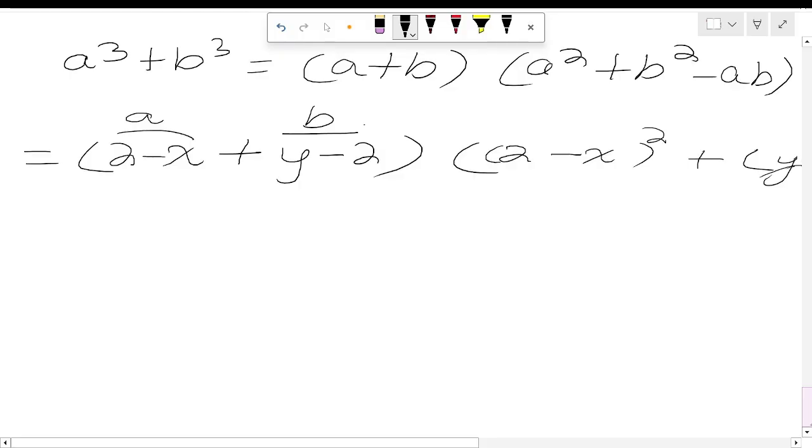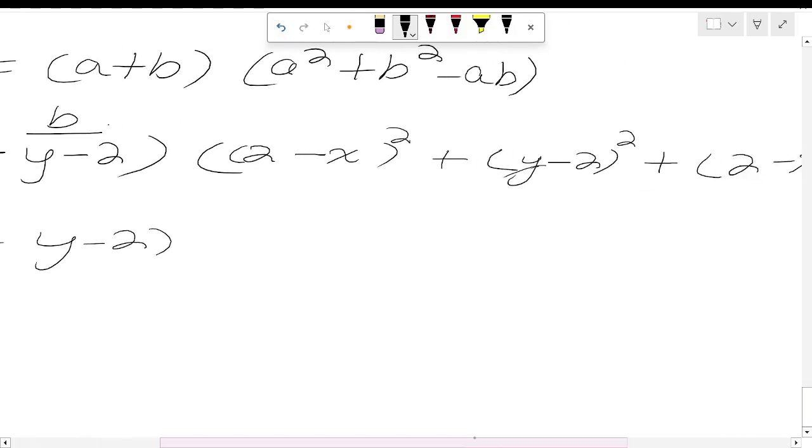This will stay as it is. So 2 minus x being added with y minus 2 will just remain the same, but (2 minus x) whole square, so the square will be applied to 2, which will result in 4, then minus x square, then we have plus, this will be y square minus 4.